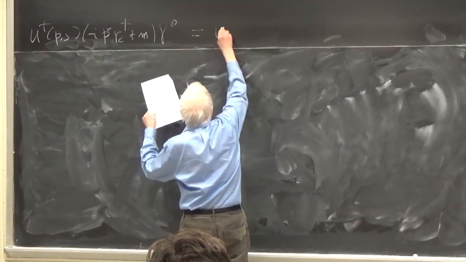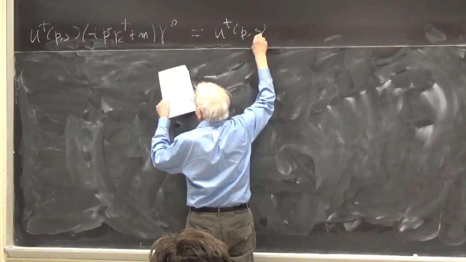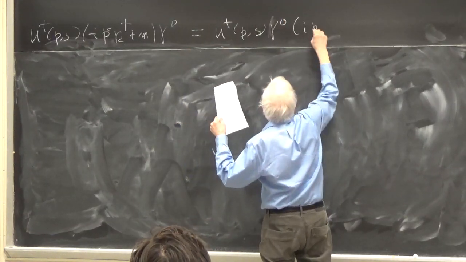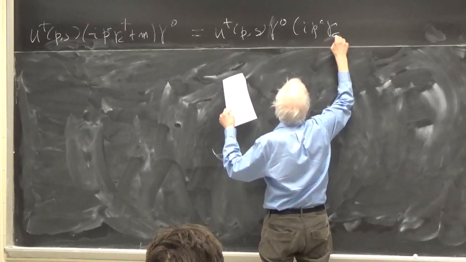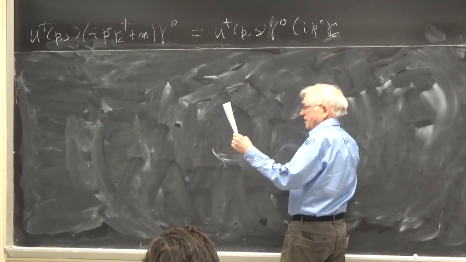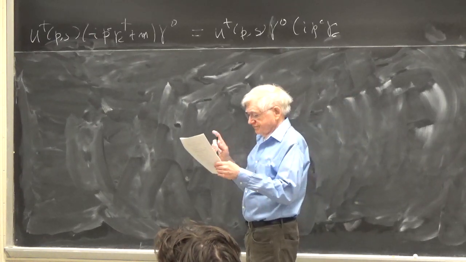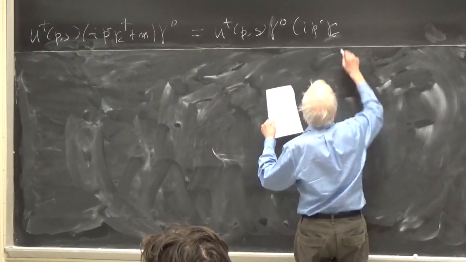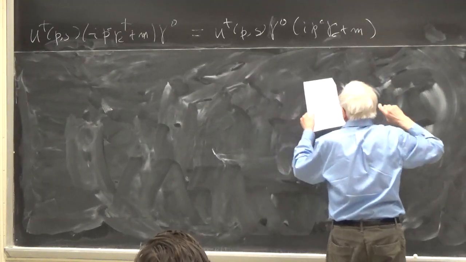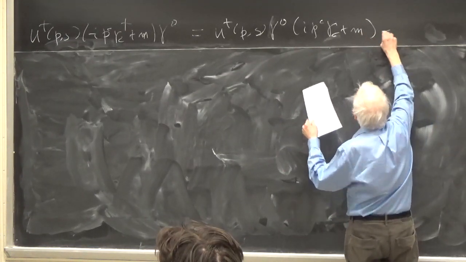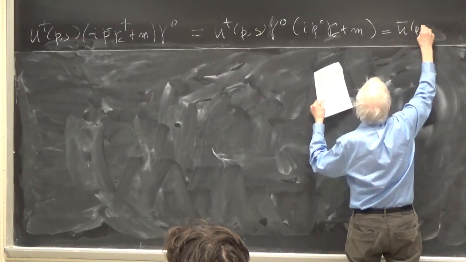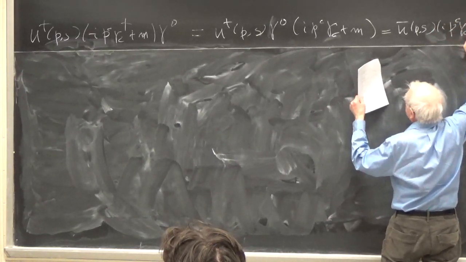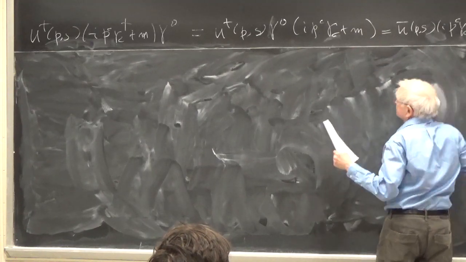And so altogether, this is u dagger of p and s gamma 0 of i p_c gamma_c plus m, and so this is then u bar of p and s (i p_c gamma_c plus m) equals 0.